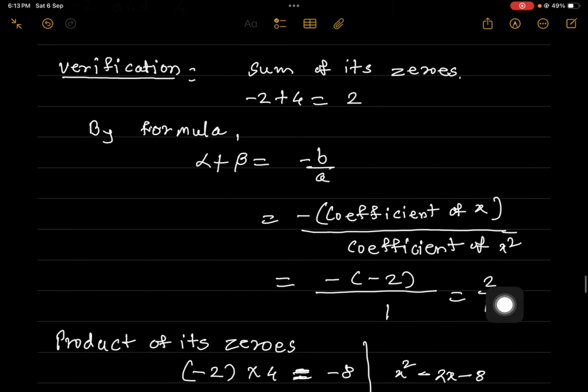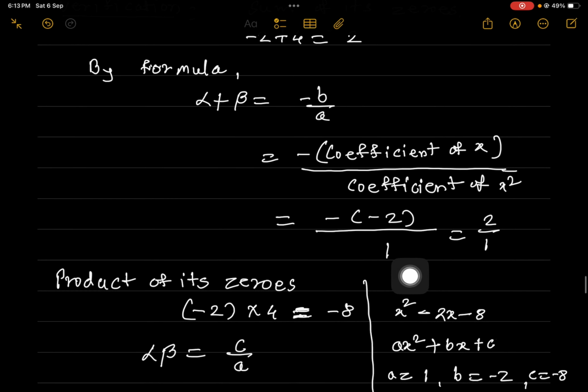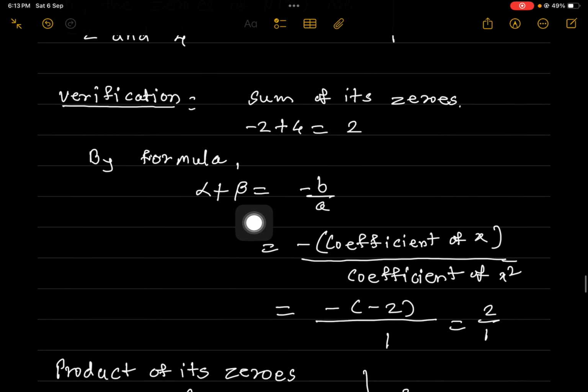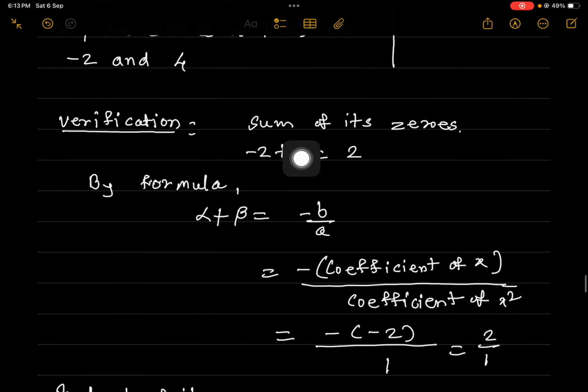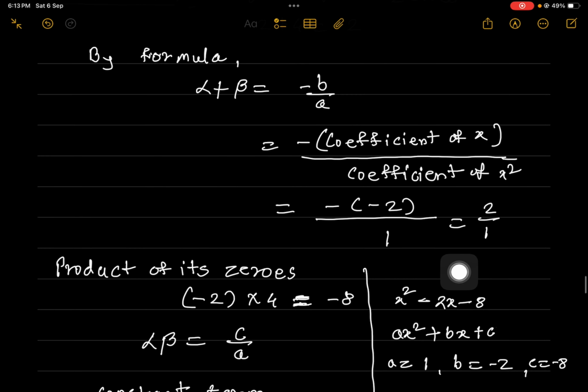The coefficient of x square. Only x square is given, so the coefficient of x square is 1, and see, minus becomes plus, so 2 upon 1. See here, alpha plus beta is also 2, and directly adding the zeros also gives 2, so we verified that.